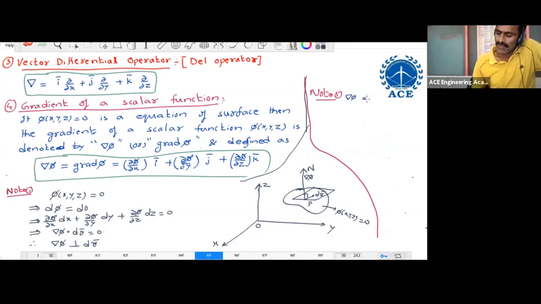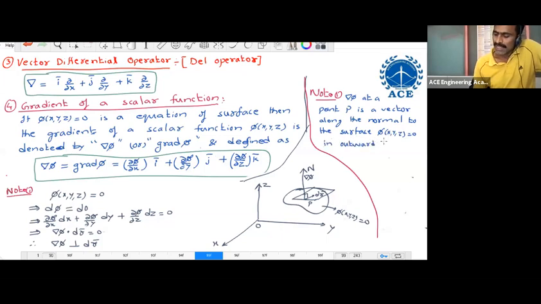Del phi at a point capital P is a vector along the normal to the surface phi of x, y, z equal to 0 in the outward direction or positive direction.